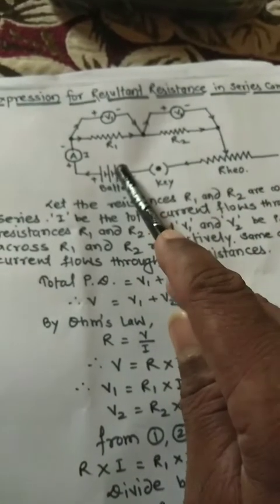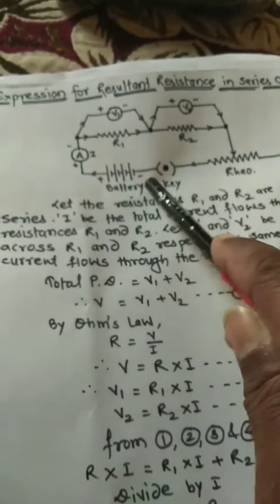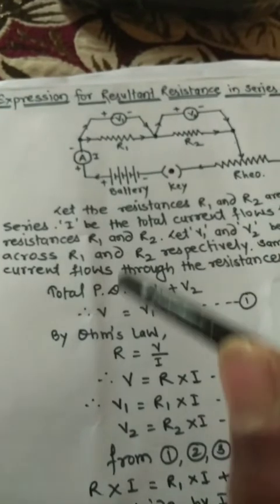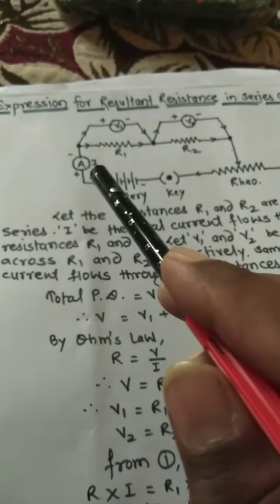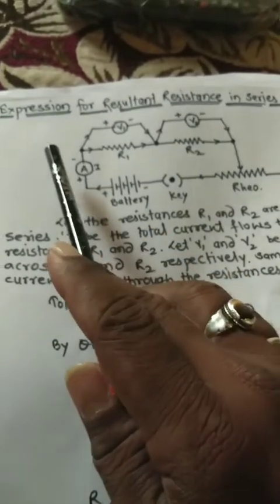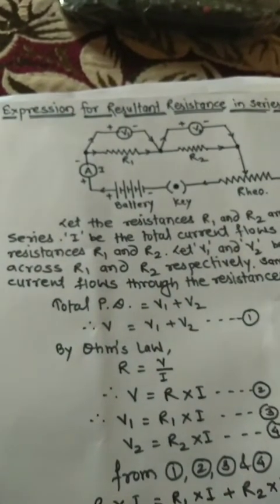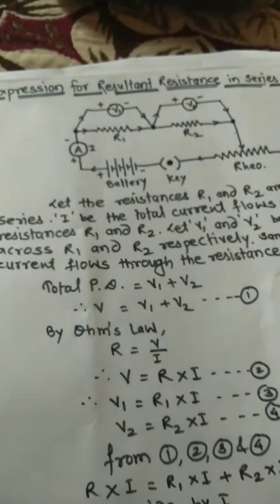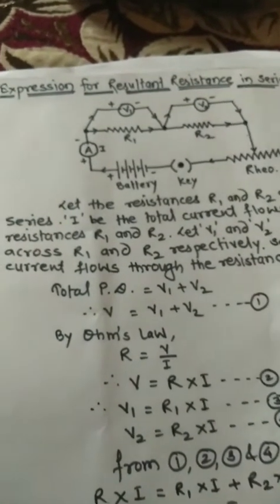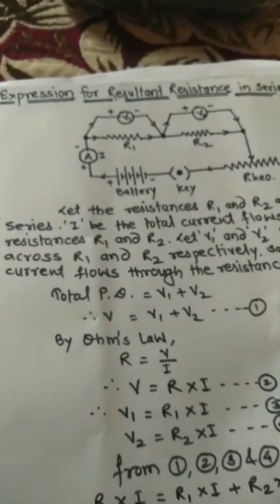So the second experiment from this lesson is to determine the resultant resistance in series combination. How to perform that, I will explain in the lab.